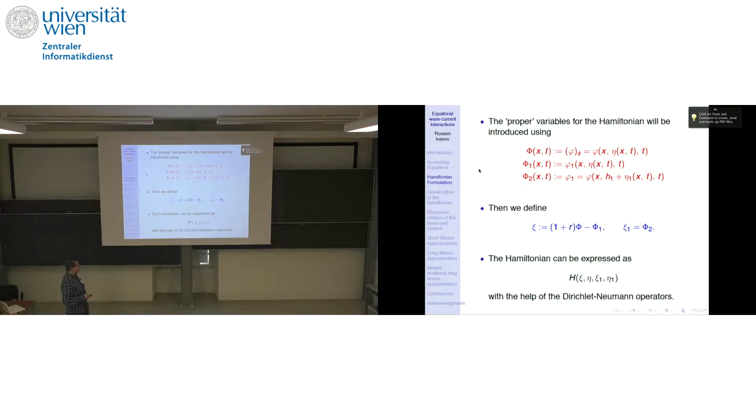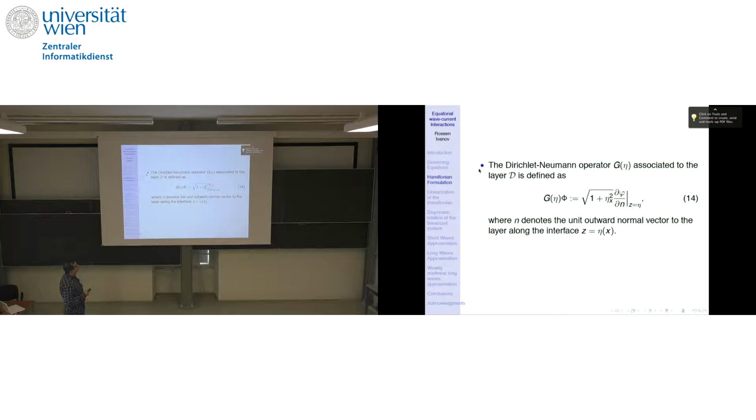And as a matter of fact, we can do it, and we can have a formal expression, but we need to use these Dirichlet-Neumann operators that have complicated definitions, and they are related to this potential phi and phi 1.